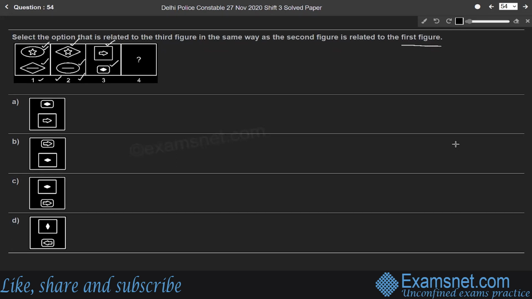So the square shape will come down as the outer image and the inner image will be as it is, whereas the rectangular shape will come up and the arrow mark will be as it is, right? Therefore, option B is the right answer.